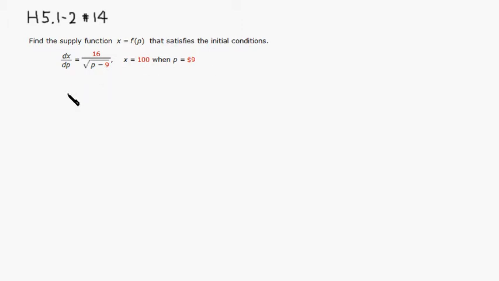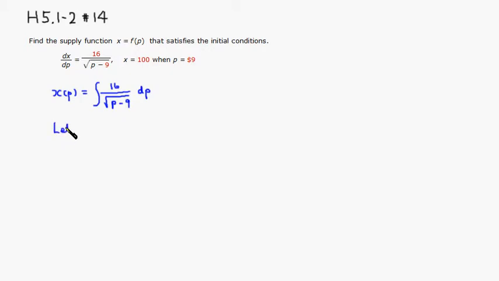All right, so first we want to find x, right? X is a function of p in this case, by taking the antiderivative of 16 over square root of p minus 9 with respect to p. All right, let's do a substitution.